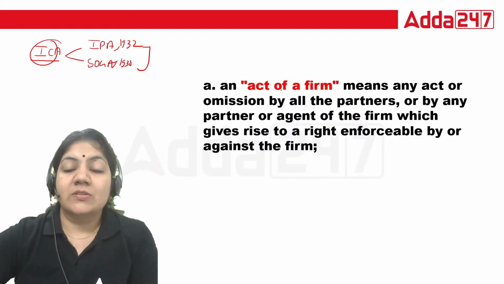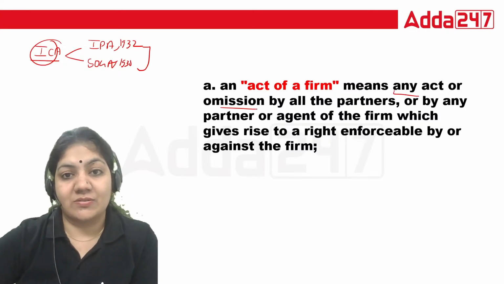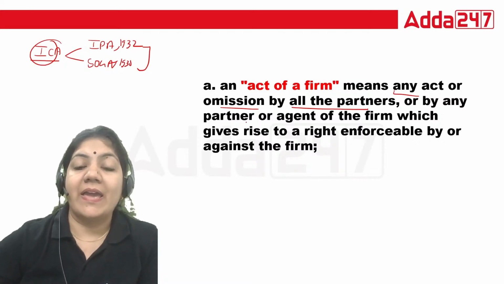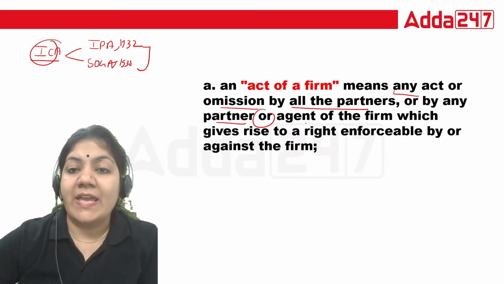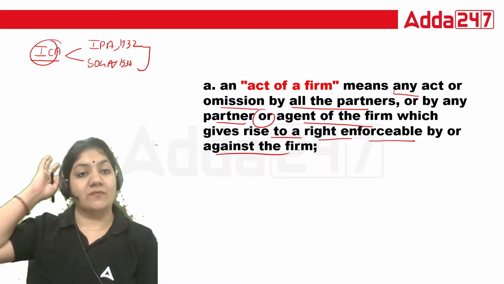Act of the firm means any act or omission by all the partners or by any partner or agent of the firm which gives rise to a right enforceable by or against the firm.